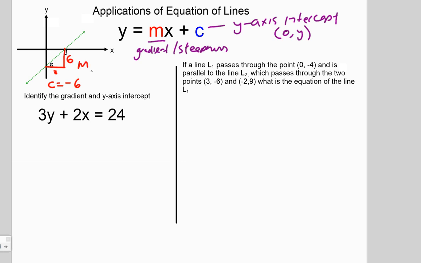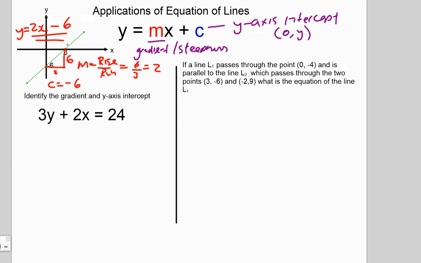So our gradient, which is rise over run, is 6 over 3, which is 2. So the equation of the straight line should be y equals 2x minus 6. One really important thing is that the line is going from the left up into the right, so that's a positive steepness.